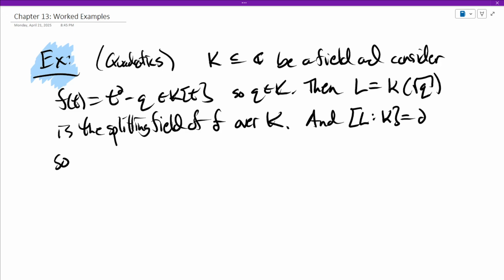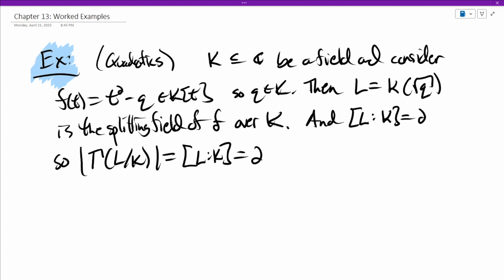So, and we have a splitting field, so the Galois group of L over K also has order, the degree, by the fundamental theorem, which is 2. And we also know that, well, we have the identity element, but there's also the non-identity element.